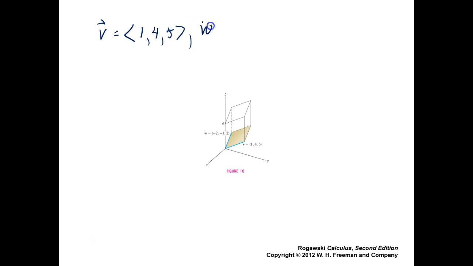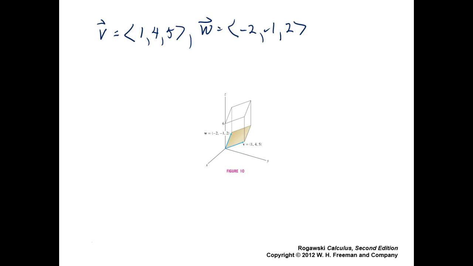W is the vector -2, -1, 2. And it says to calculate the area A of the parallelogram spanned by V and W.